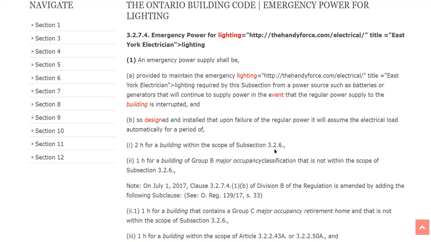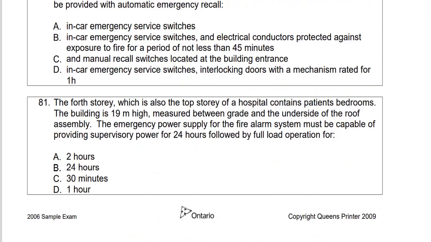So once a building is considered a high building, the emergency power for that building shall be 2 hours. If it's not within the scope of 3.2.6, then it's 1 hour. But since that one is in 3.2.6, then it's 2 hours of full load operation.